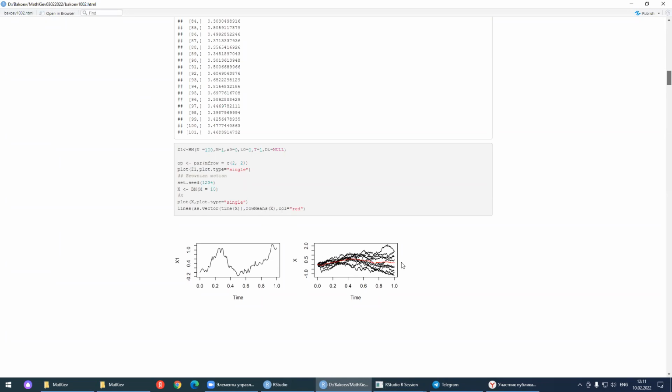If I put any number here, you can simulate this Brown motion and find this function too. Is it clear? This is the function Brown motion, the plot of X and the plot of the row mean.